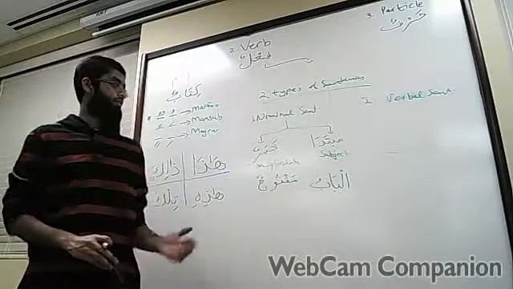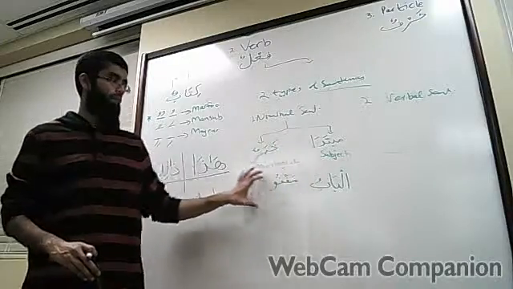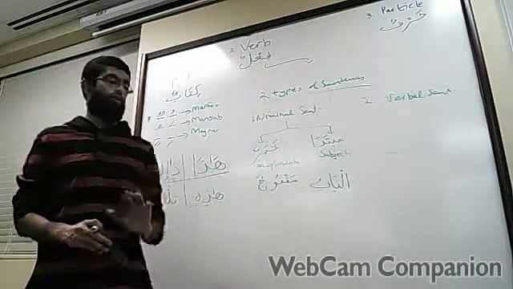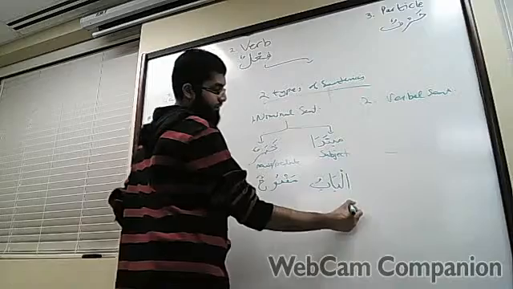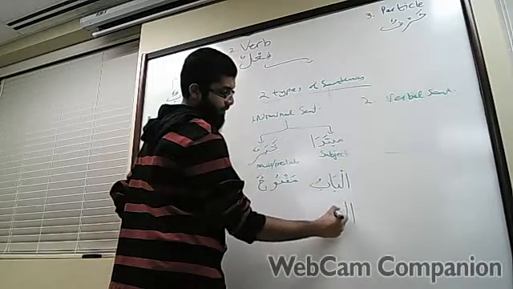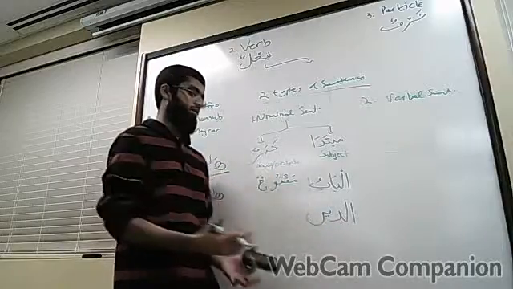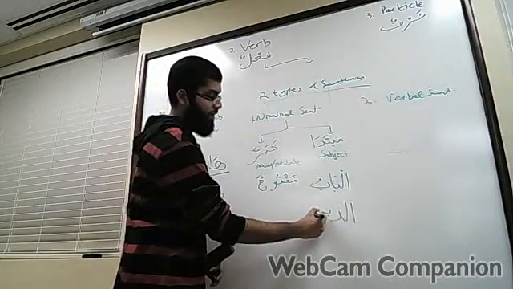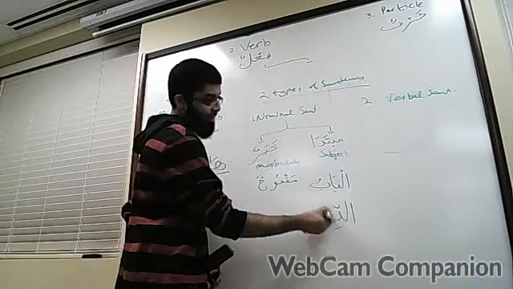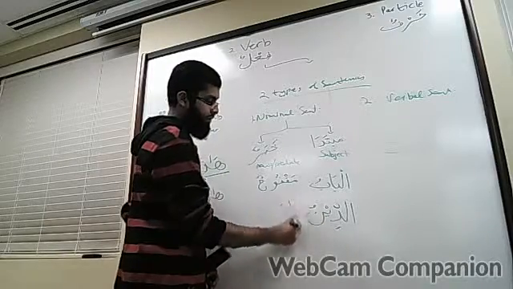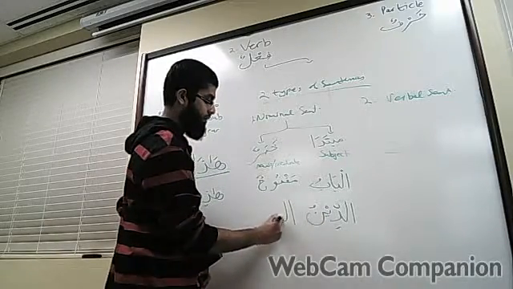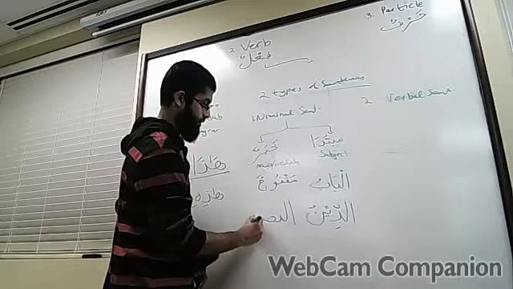So usually it follows that pattern where they don't match in definiteness, but they sometimes do match. But that just happens because of the sentence itself. So one of the hadith of the Prophet ﷺ is that ad-deenu an-nasiha.